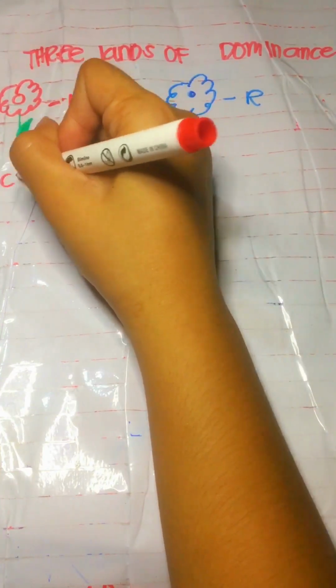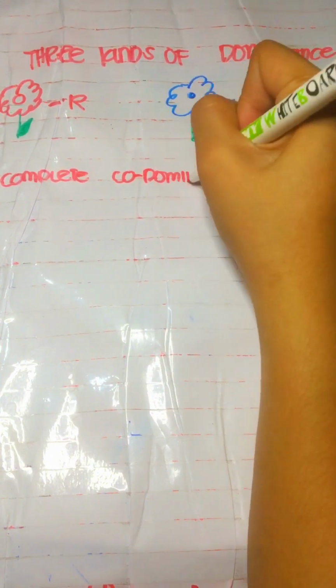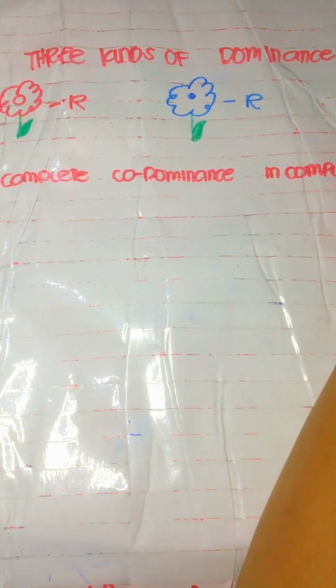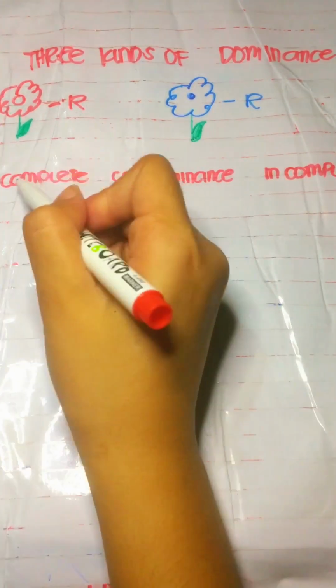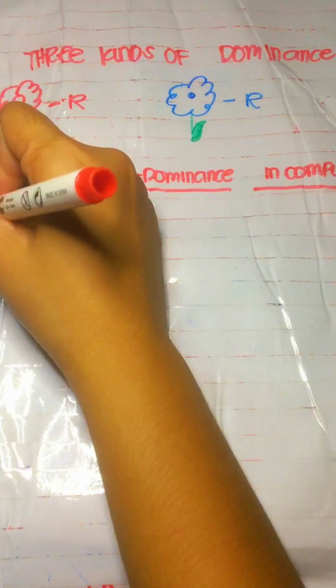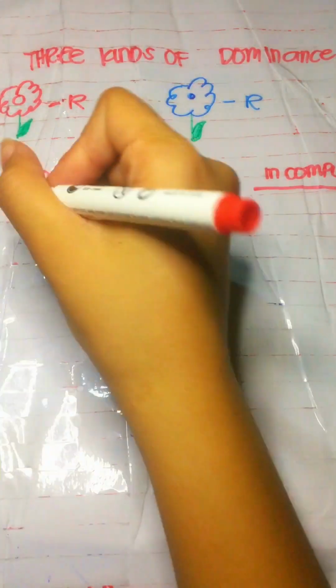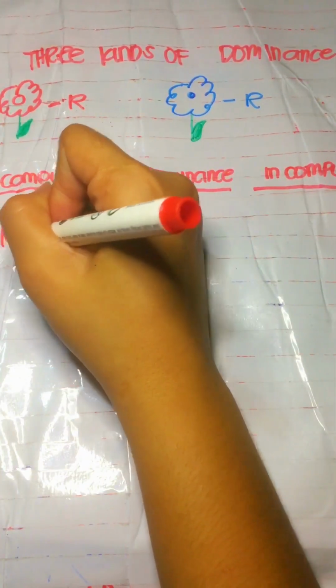I'm going to introduce the three different patterns of dominance, and they are complete dominance, which you already heard of, codominance, and also incomplete dominance. I'm going to explain what these two new patterns are through this flower example. So let's start by looking at three different genotypes and the phenotype that you would see for each of them under each different dominance pattern.